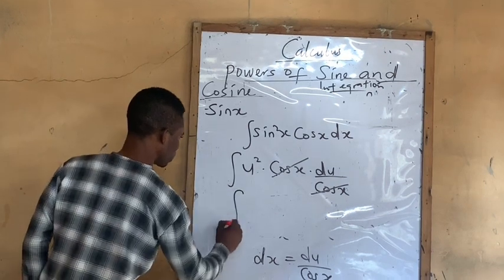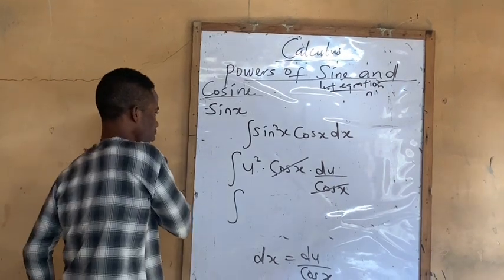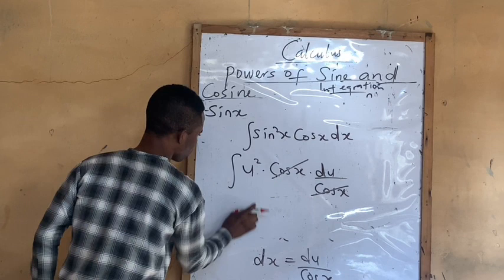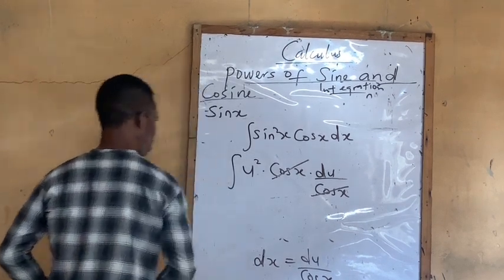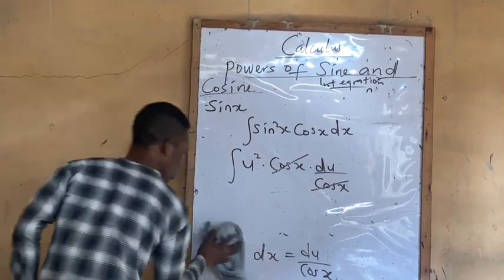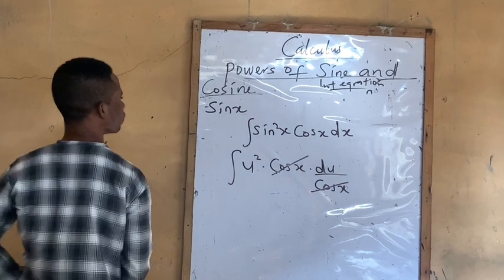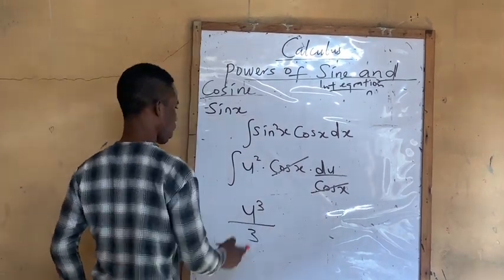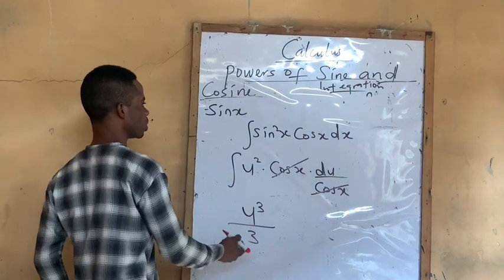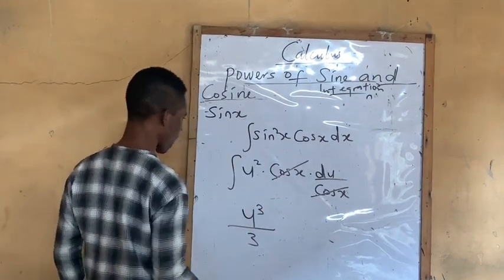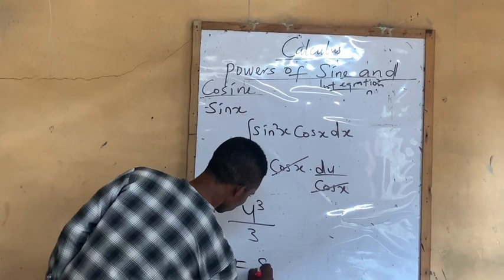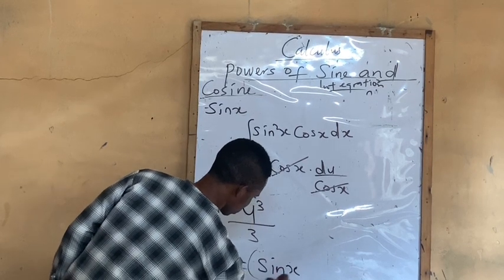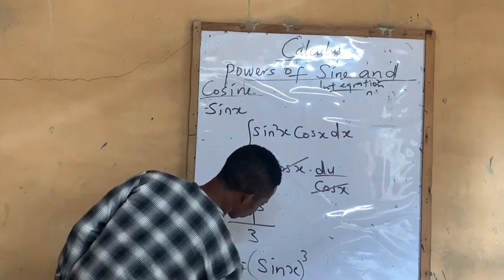That means the integral of u square is going to give us u cube all over 3. And we substitute for u. Our u initially is sine x. That means sine x raised to power 3 all over 3.